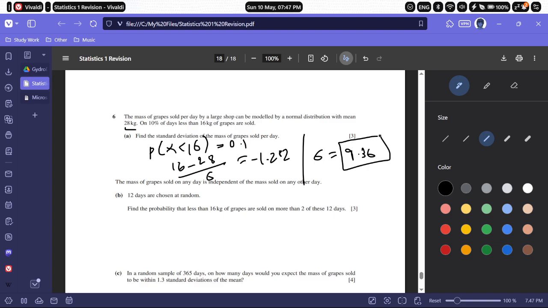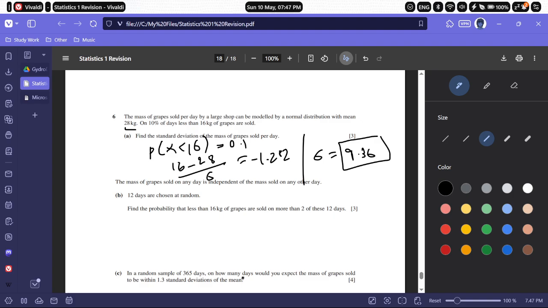Okay, moving on. The masses of grapes sold on any day is independent of the masses sold on any other day. Now 12 days are chosen at random.